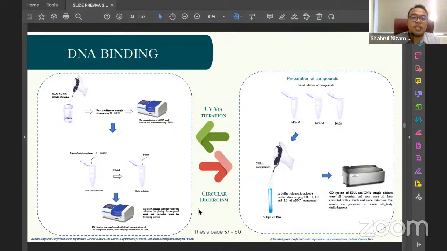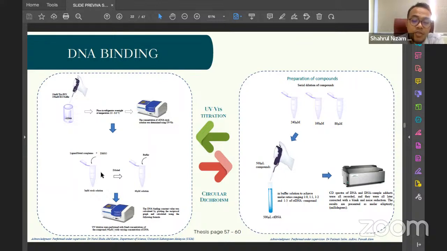Yeah. So for DNA binding, on the left is the UV titration. You can see we're using potassium chloride buffer here, placed in the refrigerator, and then the concentration of ctDNA stock solution was determined using UV vis. So ligand or metal complexes, we mix with DMSO.